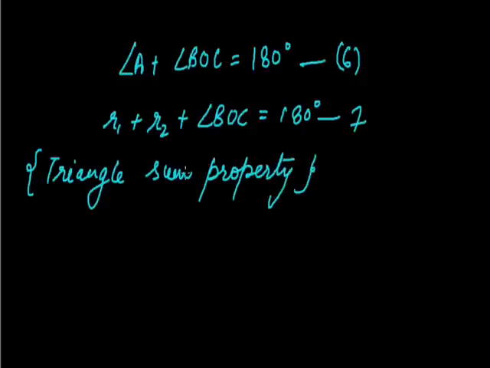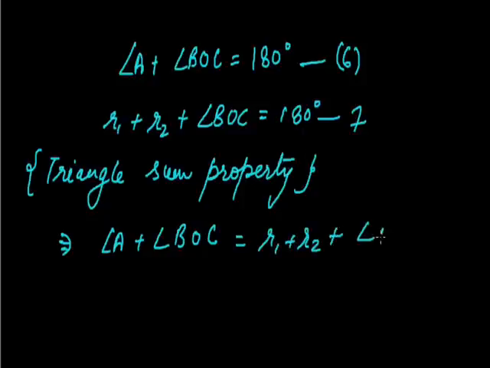Triangle sum property says that the sum of all three angles should be equal to 180 degrees. So when we compare equations 6 and 7, the RHS of both equations are the same. That's why angle A plus angle BOC, the left hand side of equation 6, should be equal to the left hand side of equation 7, which is R1 plus R2 plus angle BOC.